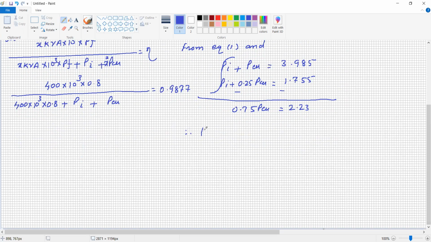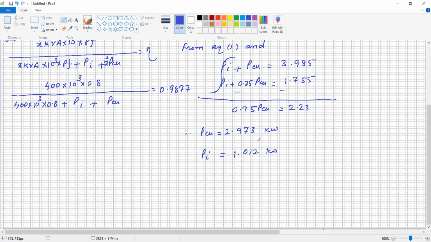Therefore, PCU is equal to 2.973 kilowatt. And if you put this value in any equation, we get Pi is equal to 1.012 kilowatt.